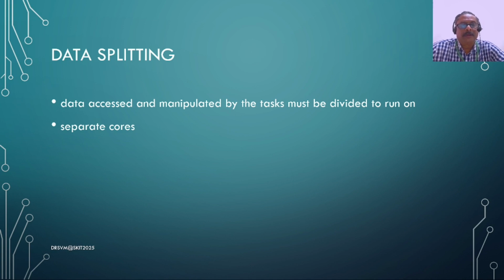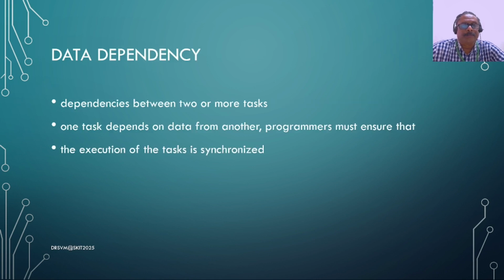So while splitting the code into multiple parts, we should see that the data is also properly split, and ensure that the various subtasks do not depend on one another's data.